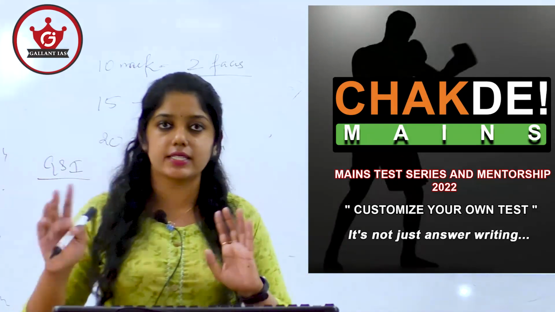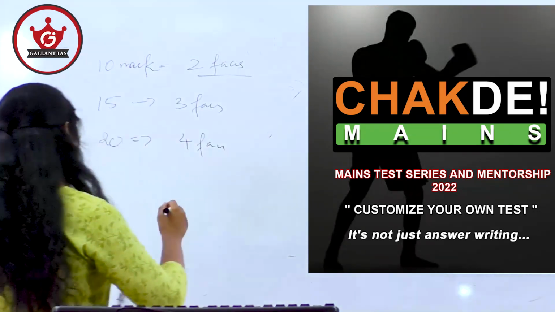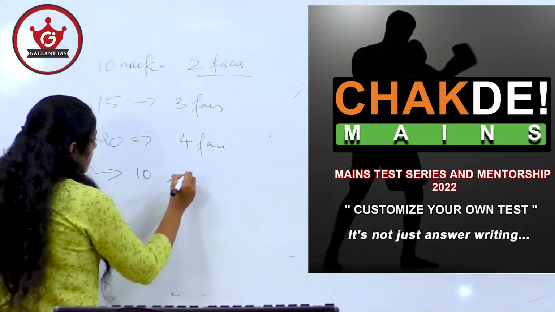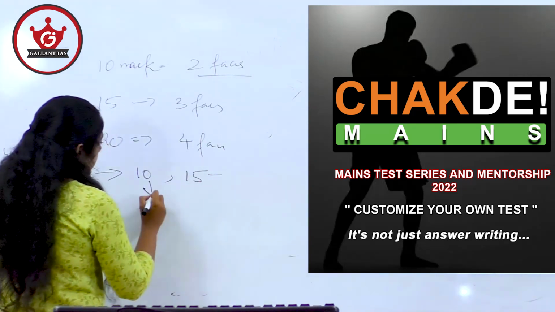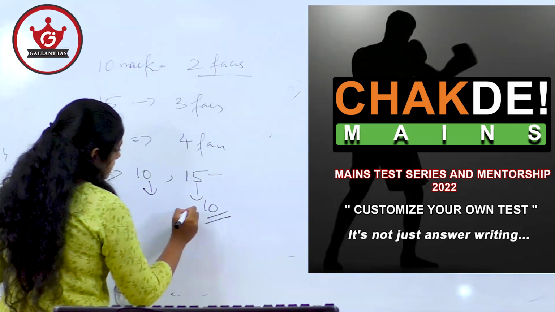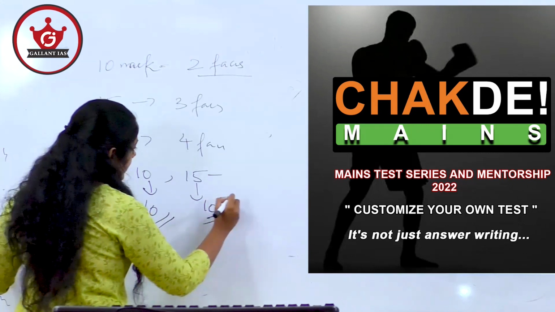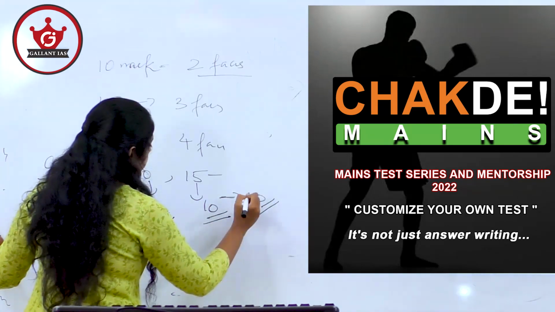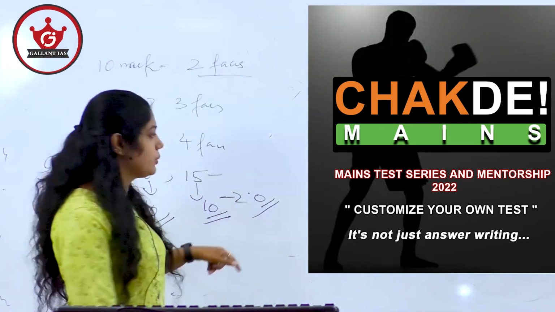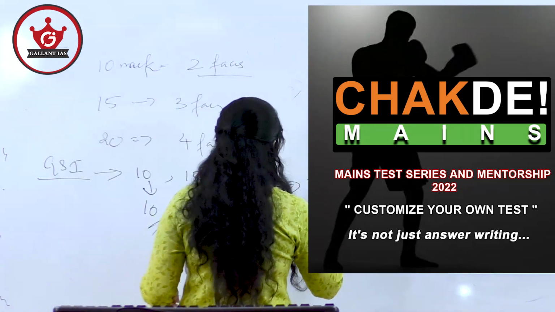So it is more or less a static topic. In GS1, all the marks are allocated in such a manner that you will have 10 mark questions and 15 mark questions, 10 questions each. So total 20 questions, and the final score will be 250.